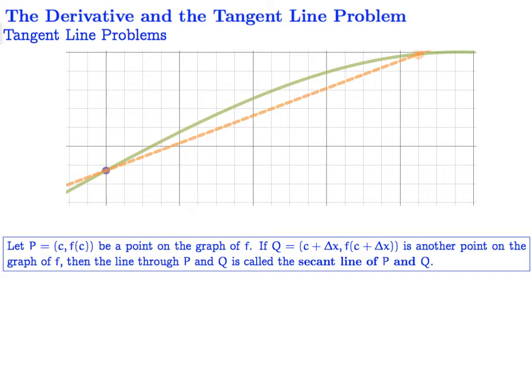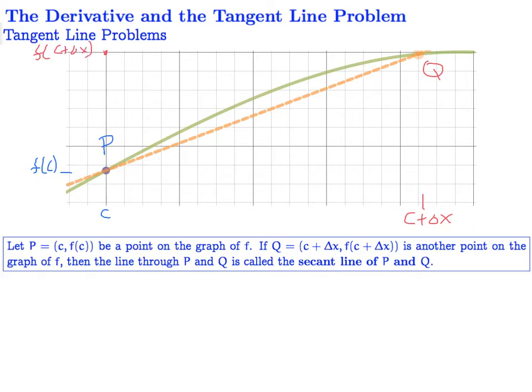So we're going to start off by saying what we've got over here is a point that we're going to call P on our graph, and it has x coordinate c, and its y coordinate is f of c. Also, we're going to pick another point on our graph, let's call it Q, and this point Q is over here at coordinates c plus the change in x, our delta x, and its y coordinate is up here at f of c plus delta x.